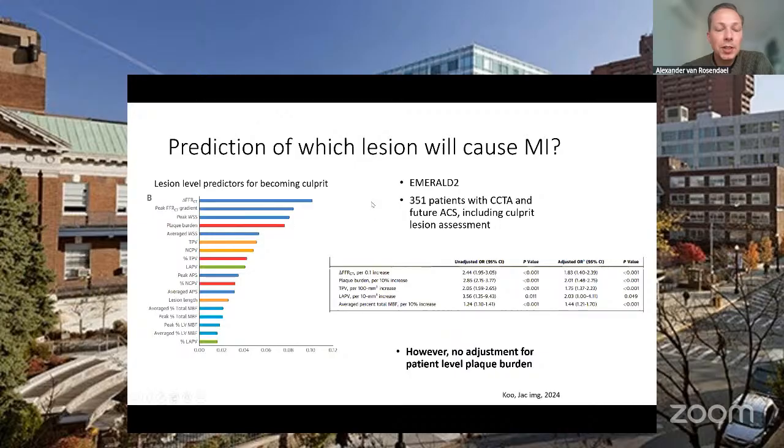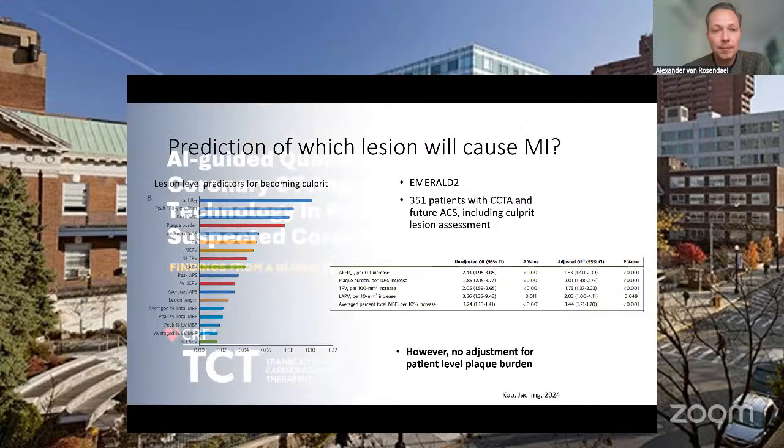And the most predictive lesion-specific feature, whether that lesion would become a culprit, was actually the delta of the FFR-CT over that lesion, as you can see here. But again, these were all lesion-specific measures, but still wondering what happens if you look into the total burden of atherosclerosis, whether then still it's important to look at these individual lesions.